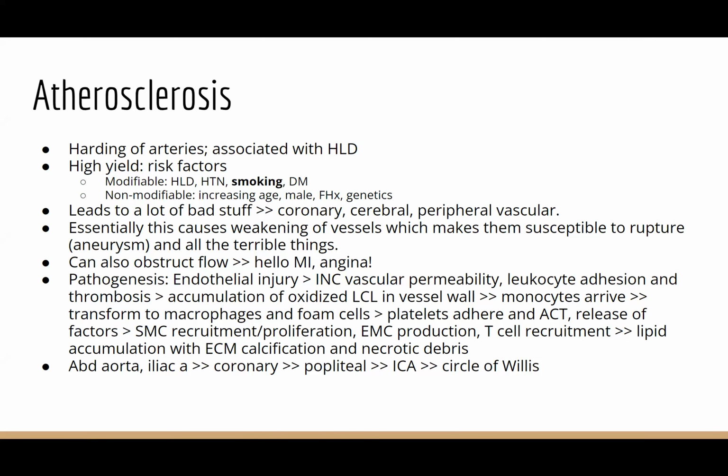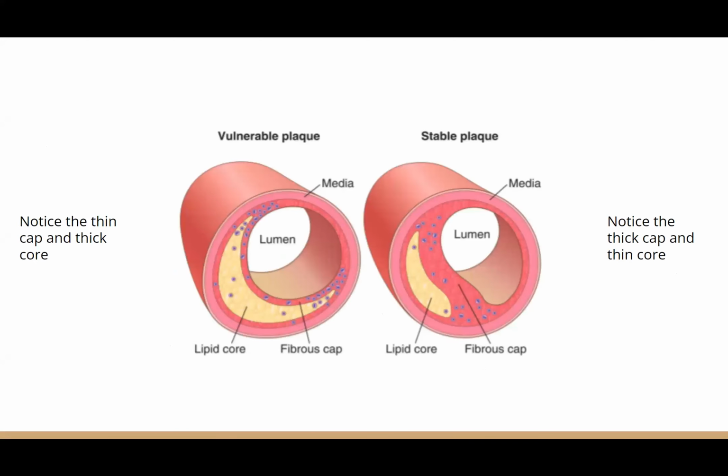Second would be the iliac artery, followed by coronary, popliteal, ICA, internal carotid, and then circle of Willis. So this is important to note. You have a vulnerable and a stable plaque. Notice that the vulnerable plaque has a very thin cap and a thick core. That cap can be very easily ruptured, and you get a lot of bad stuff if that ruptures.